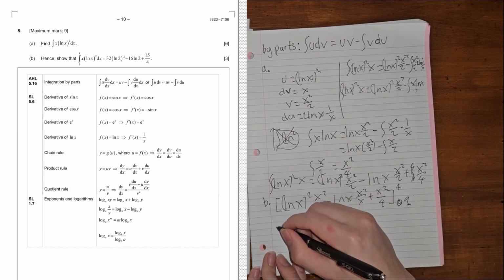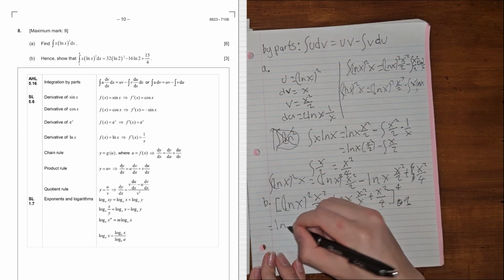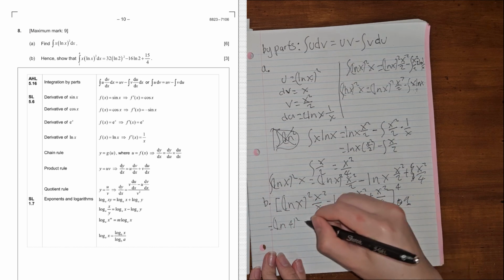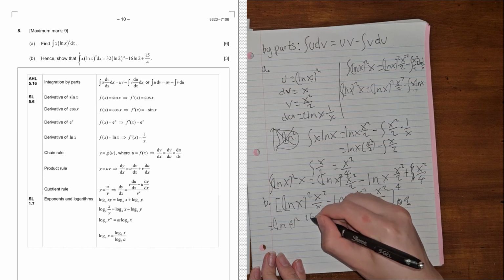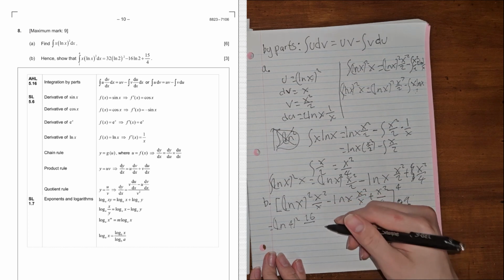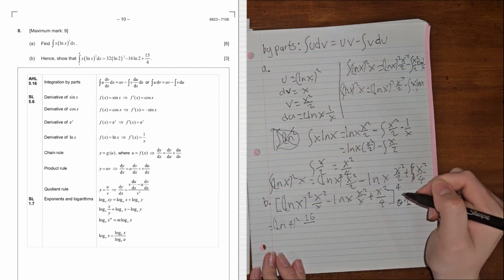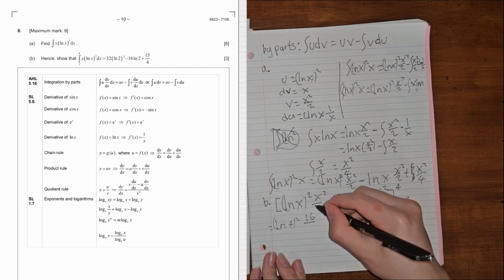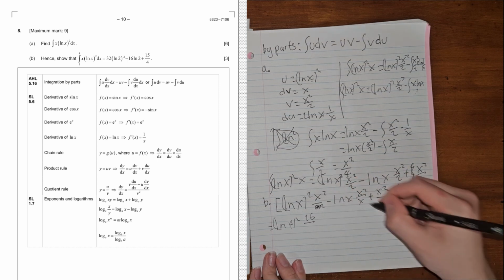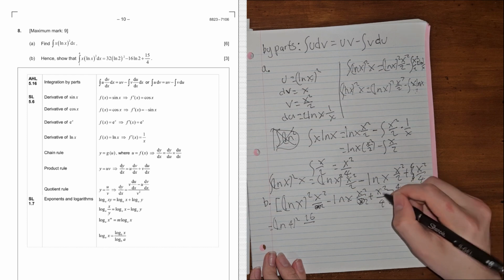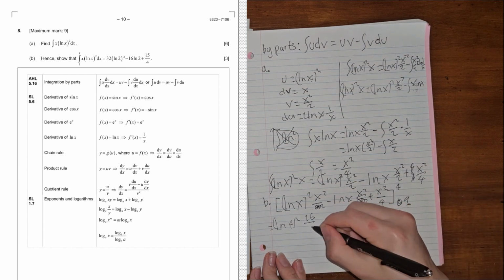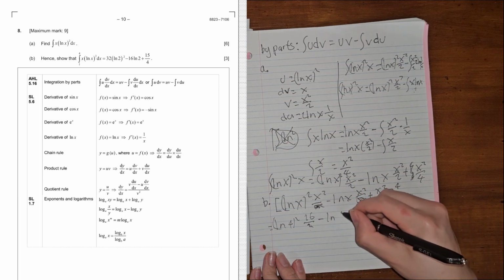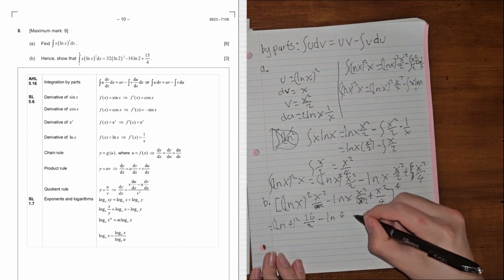So now we're going to have ln 4 squared, and I'm going to already substitute in 16 over 2, minus ln 4 times 16 over 2, plus 16 over 4. When you look at your previous work, it helps.